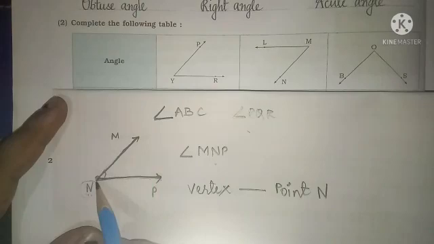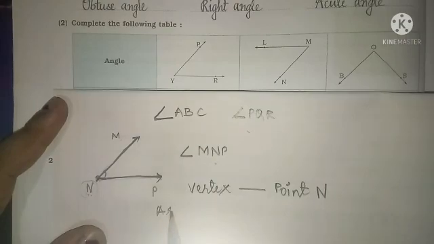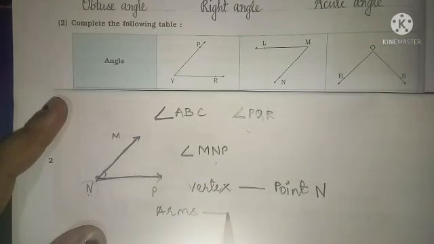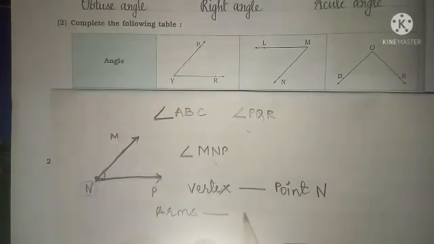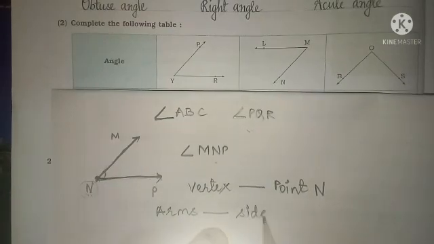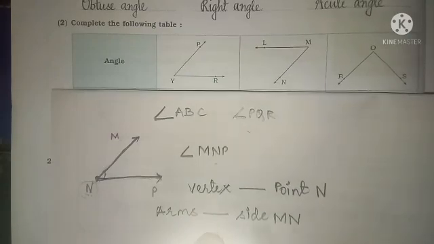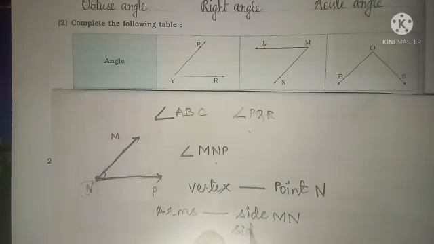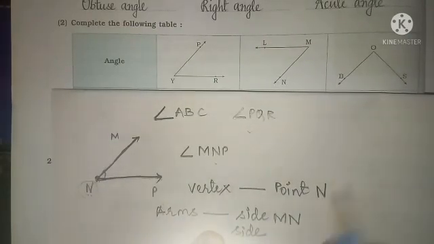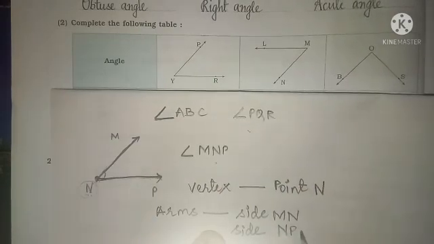Here the names of the arms are MN and NP. So how are you going to write an arm? The way to write an arm is side MN, and the second arm is side NP.